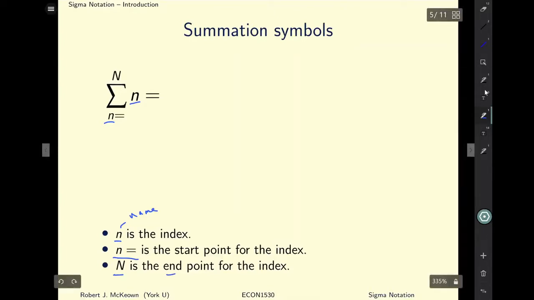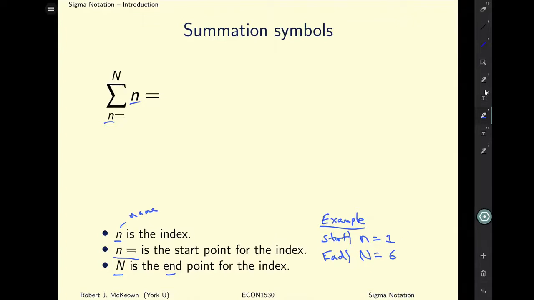So for example, let's let the start, n equals 1, and the end, capital N, is equal to 6. And so what will we do with this general form?